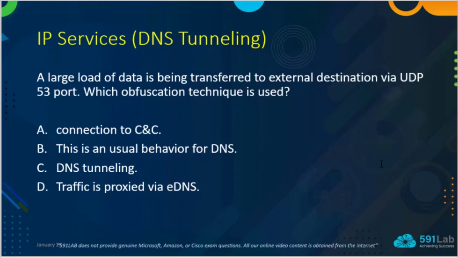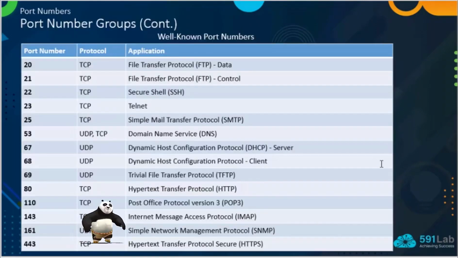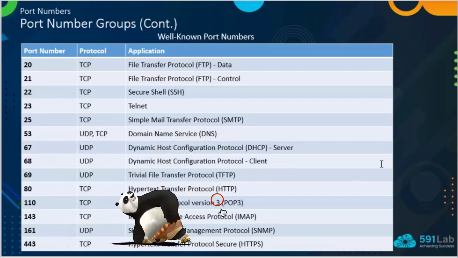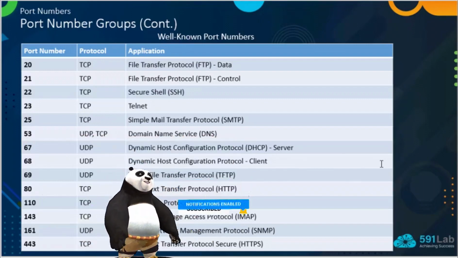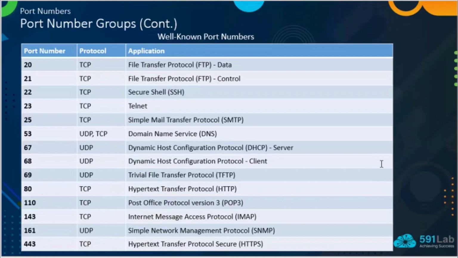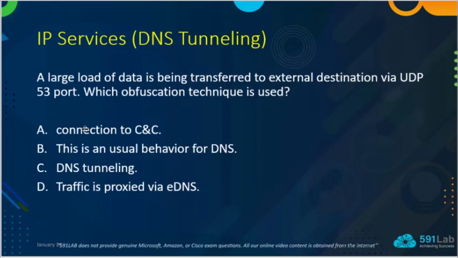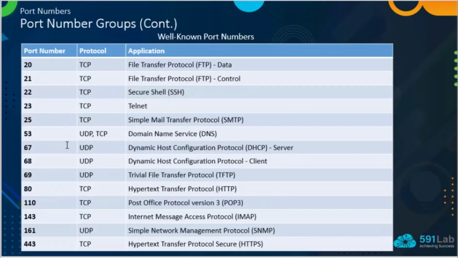All right, so let's talk about port numbers. We have well-known port numbers, and these are different port numbers. You can see that the question is emphasizing UDP port 53. Port 53 is UDP, the domain name service. So anytime we see port 53, we should know that it's talking about DNS services.